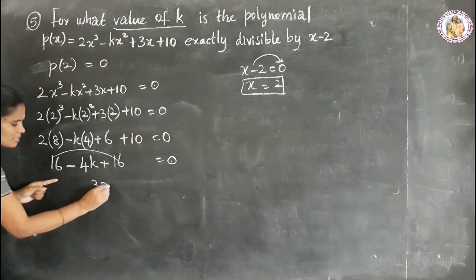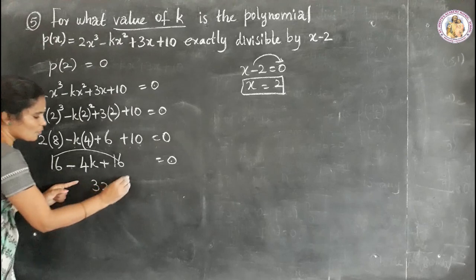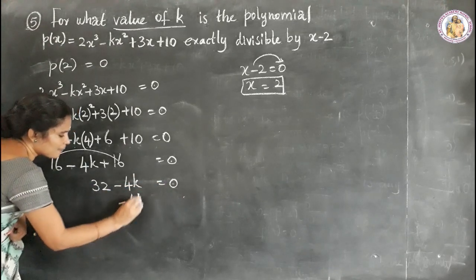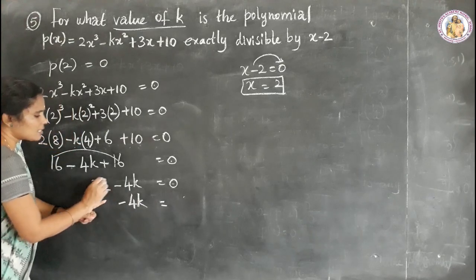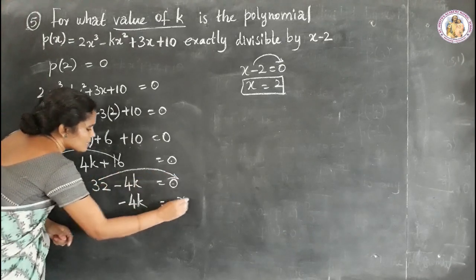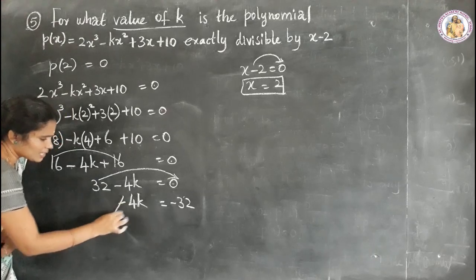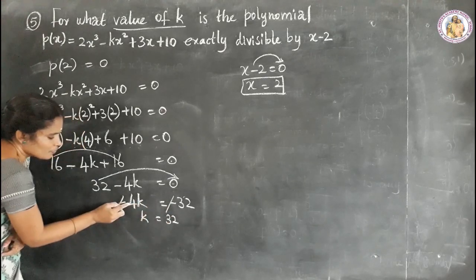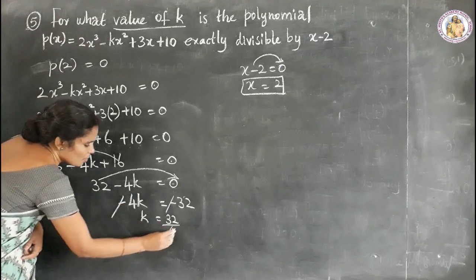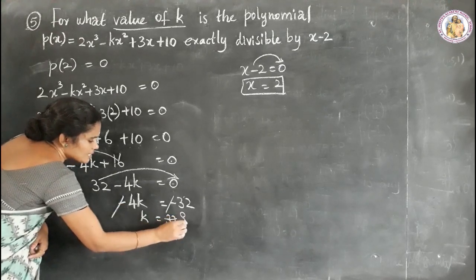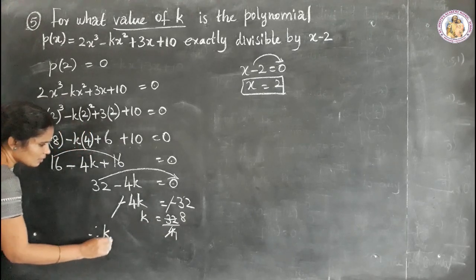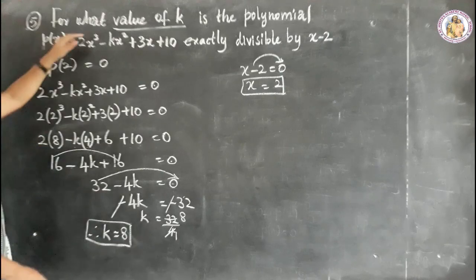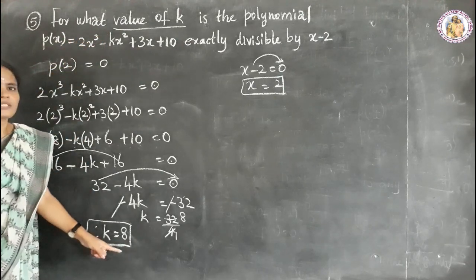So 16 plus 16 is 32, minus 4k is equal to 0. Now minus 4k is equal to minus 32. Now minus minus cancel, k is equal to 32 divided by 4. So 4 ones are 4, 4 eights are 32. Therefore k is equal to 8. So we are asked to find the value of k. K is equal to 8.